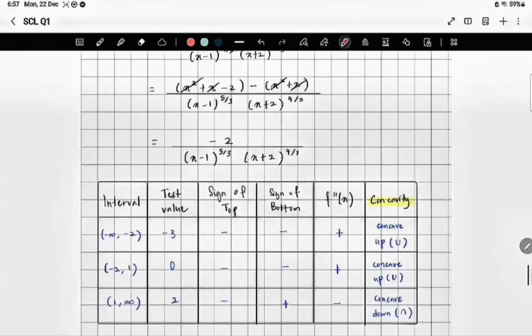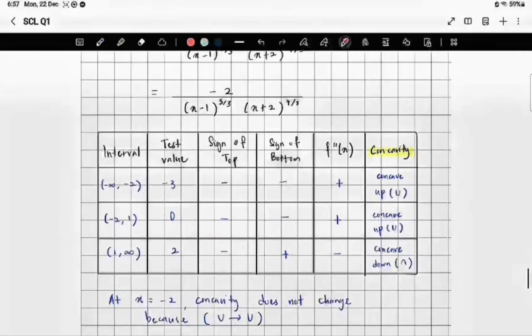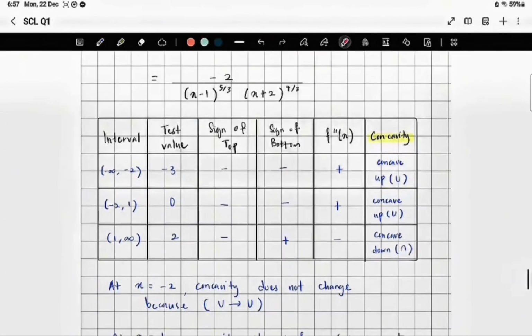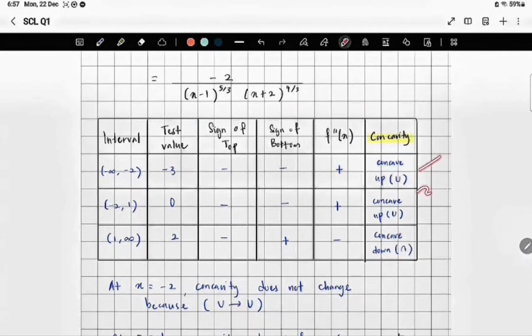We need another sign table for the second derivative, because we want to get the concavity. We found that the graph is concave up before x equals 1, and it becomes concave down after around here.